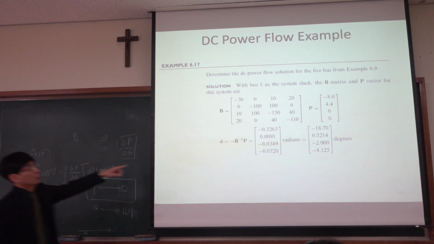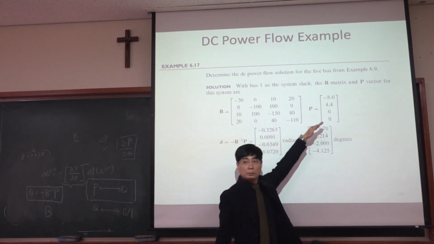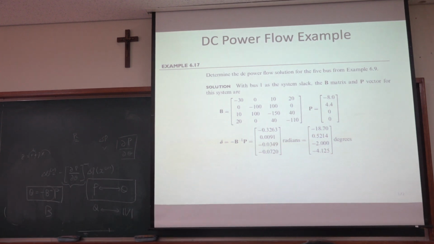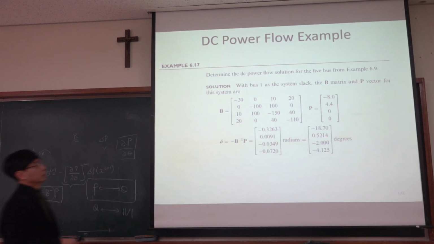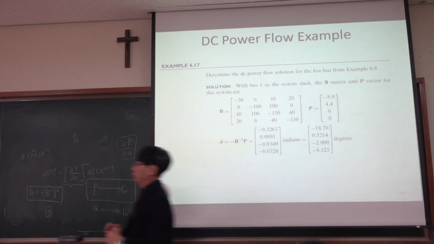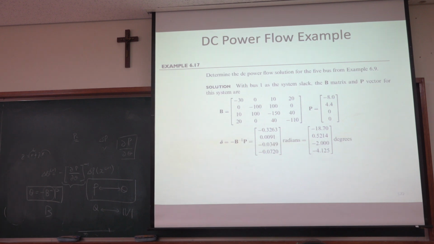That active power is based on per unit, so it should be normalized by something. The different sign is because this is a load bus and this is a generator bus. So just take the inverse of this, and the phase angle is given like that in radian or degree.